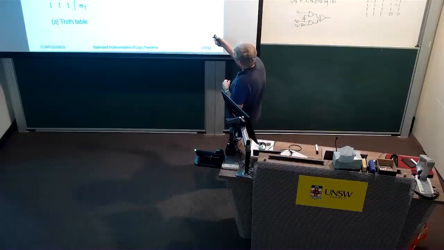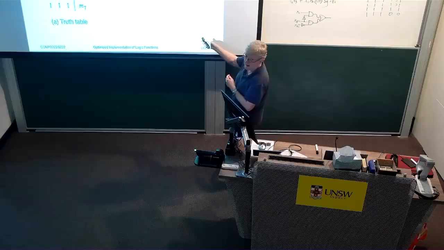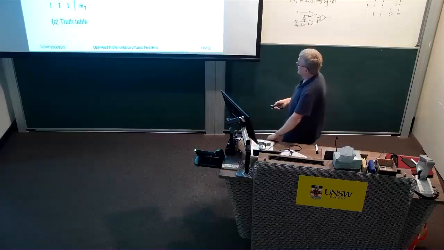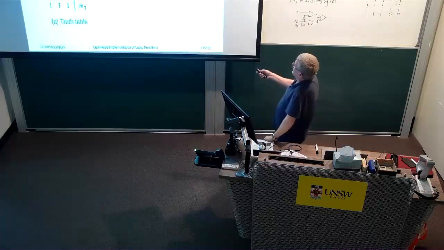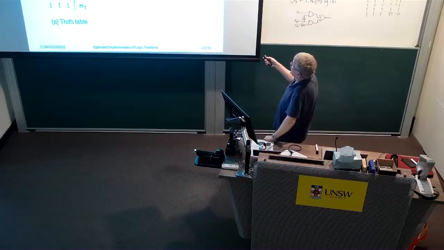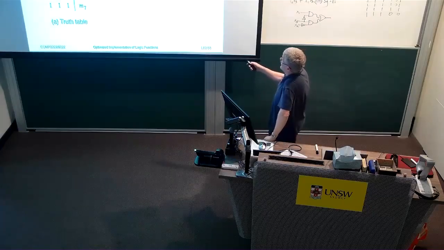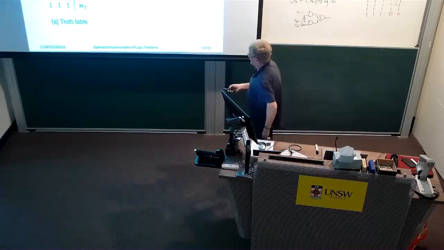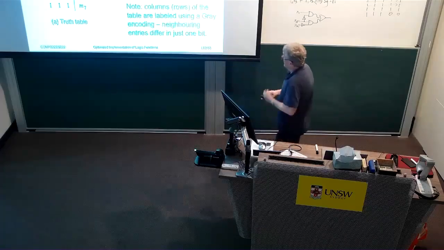So we prefer to have 11 next to 01, and 10 in the middle of it. This is called the so-called Gray numbering or Gray encoding of the columns. Right. So it's a slightly unusual ordering. Of course, in the first row, all of the entries have x3 equal to 0. That's the least significant bit. And the bottom row has every entry having x3 equal to 1.